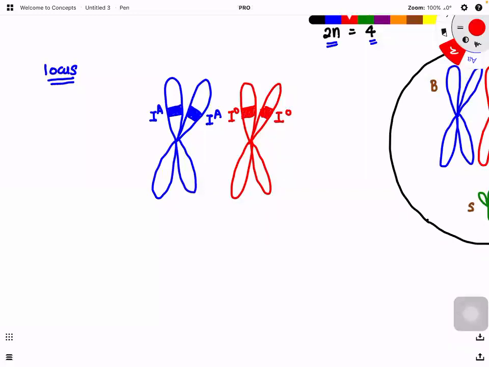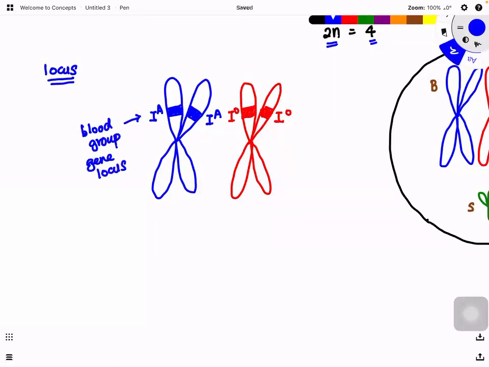You can see that each gene has its own very distinct position. These positions, we call the locus or gene locus. So this one is the gene locus for blood group, or blood group gene locus.